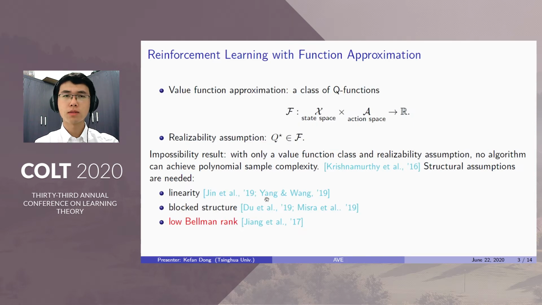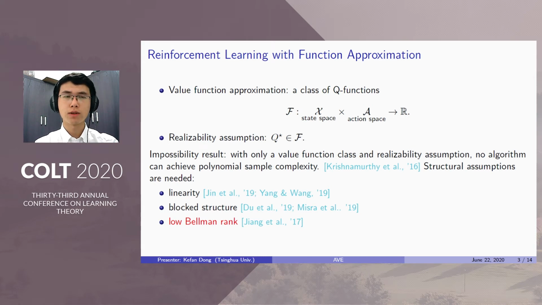Value function approximation means that the algorithm can access a class of Q functions that maps a state and an action to a value. The realizability assumption says that the optimal Q function is included in the class. However, there is an impossibility result.